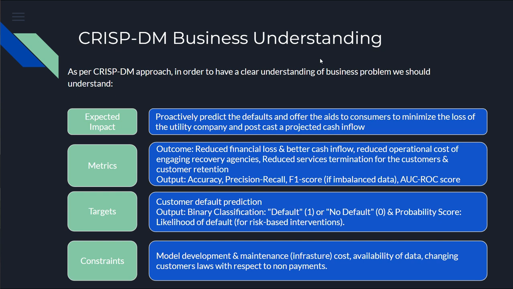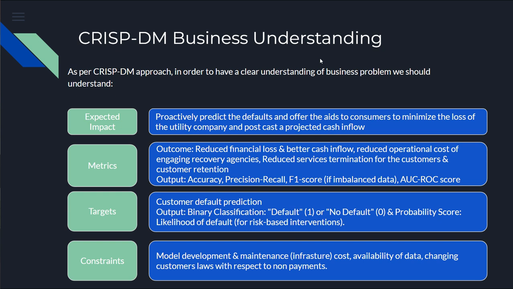Output metrics, which are expected as an output of the model, are accuracy, precision, recall, and F1 score. If imbalanced data is there, then we should prefer F1 score over accuracy, and the AUC-ROC score.